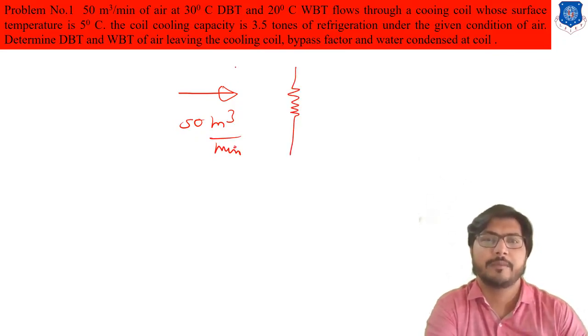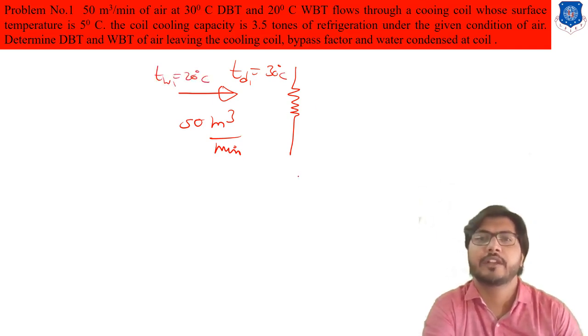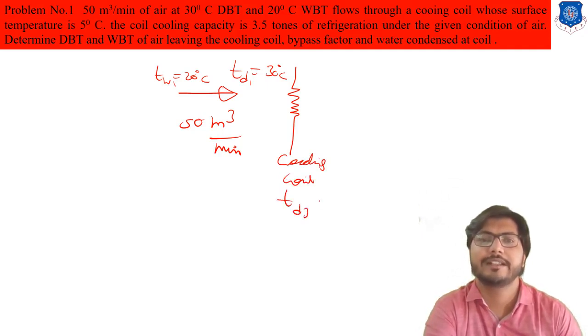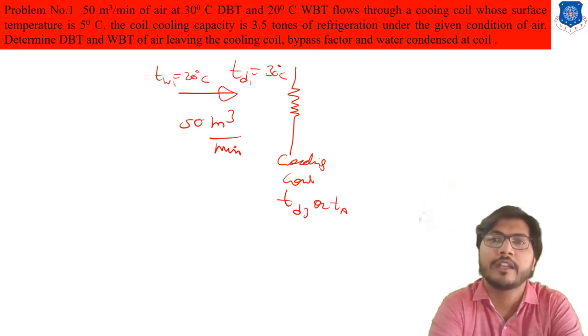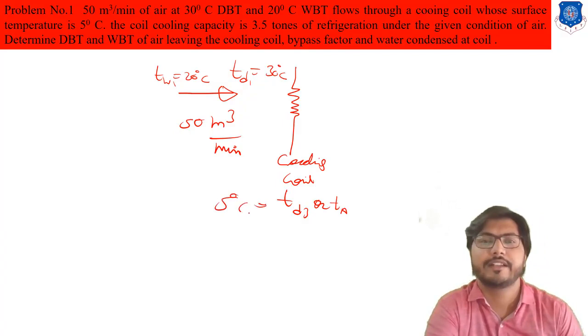The air temperature TD1 is 30 degrees centigrade dry bulb, and the wet bulb temperature TW1 is 20 degrees centigrade, and it flows through a cooling coil. The cooling coil temperature is TD3, or sometimes it is written as TA, and the coil temperature is given as 5 degrees centigrade.